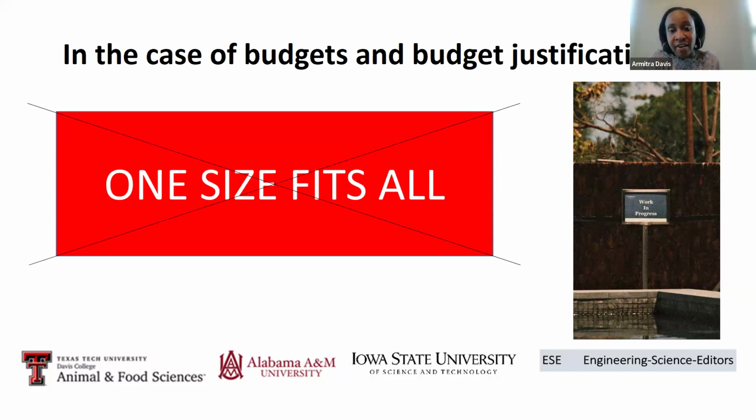So when we are building our proposal, when we're building our objectives, we must consider budgets that are appropriate for that particular proposal. That's why our budgets are always a work in progress from one proposal to the next. So that's very important to remember.